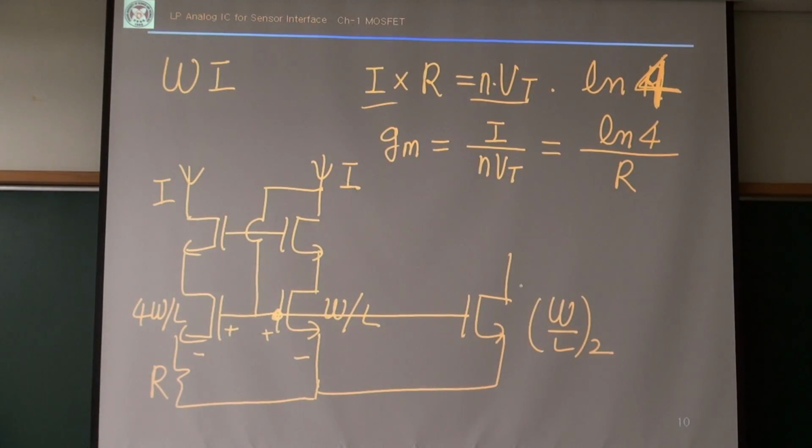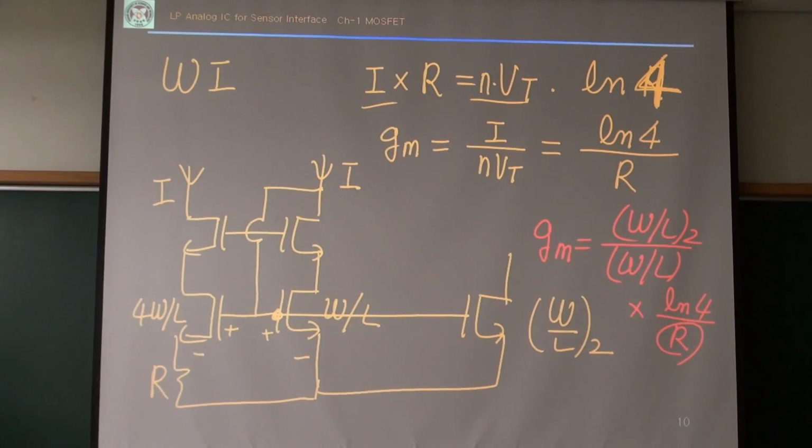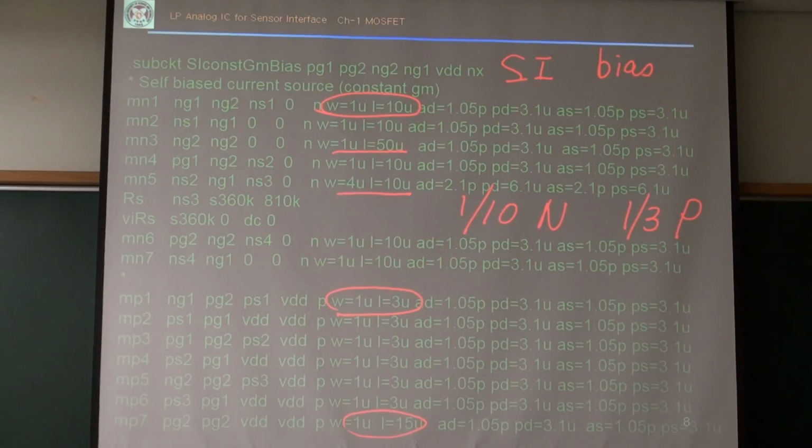Still, for the other transistor, GM should be W over L times that thing. Is it right? So it's proportional to 1 over R. If you look at the previous netlist, for the strong inversion the resistance is 810K to generate 100 nanoamp current.